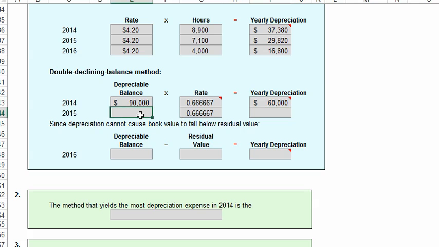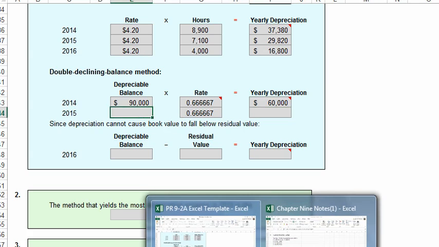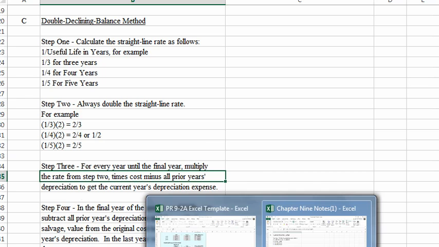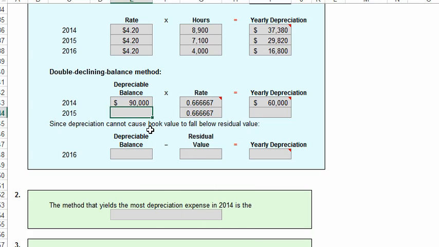Now our depreciable balance, let's go back over here. What did we say? In every year until the final year, multiply the rate from step 2, which is our 2/3 or 0.66667, times cost minus all prior year's depreciation. Okay, so here we want to say cost $90,000 minus any depreciation already taken, which was last year's $60,000.